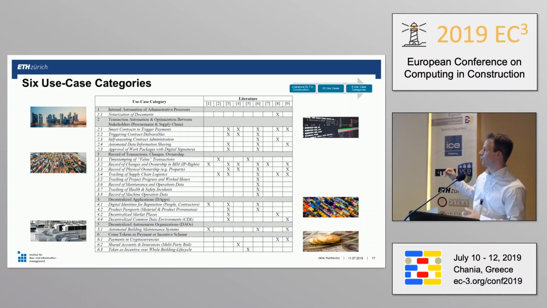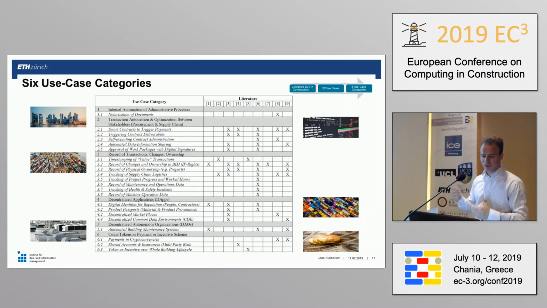So the first one is more about internal use of blockchain, and sometimes this is questionable if you even need a blockchain. Then transaction automation, which is the use of smart contracts for automating transaction logic. The record of transactions, which is taking advantage of the transparency and traceability properties blockchain can offer.